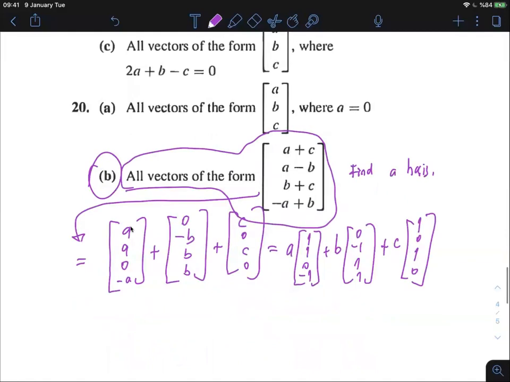So all the vectors in this form can be written as a linear combination of these three vectors. Okay, so which means, if we call this space the W, then W is basically the span of these vectors, right?